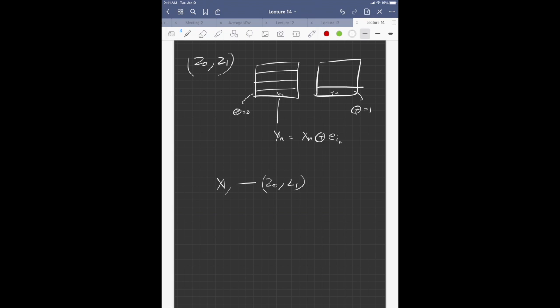Given a row of x, so x is a bunch of rows x1 to xm, based on the parity of this row, let's say this row has parity 0, then z0's first row should be x1, and let's say x2 has parity 1, then z1's second row should be x2, and so on and so forth.